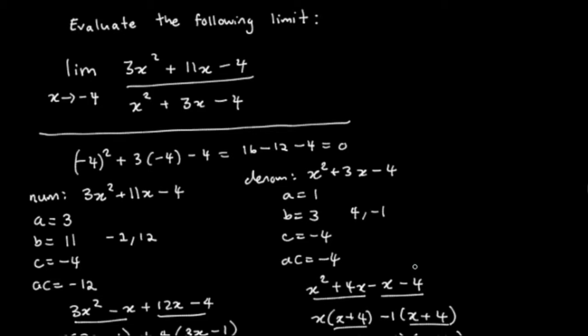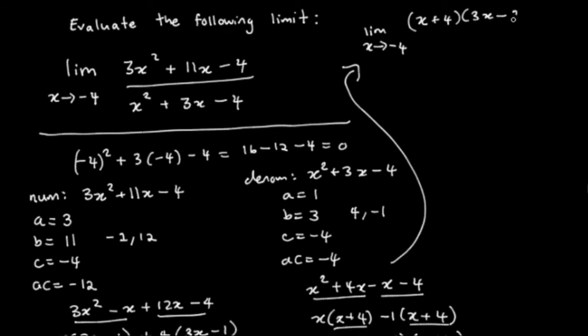Now I'm going to rewrite my limit, and I'm going to put in these factors. So now we have limit as x approaches negative 4, for the numerator we had x plus 4, 3x minus 1, and for the denominator we had x minus 1, x plus 4.